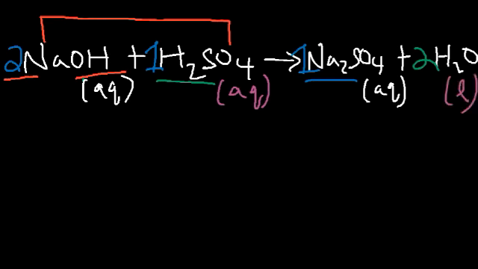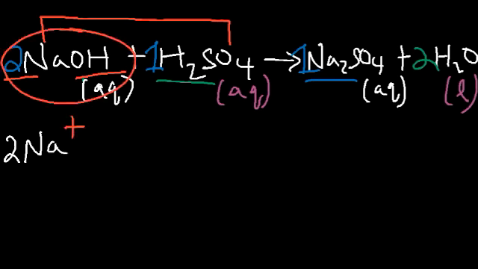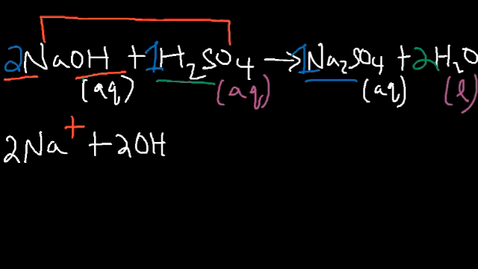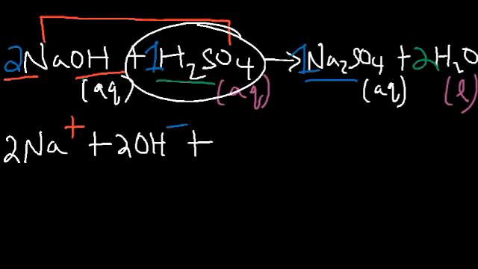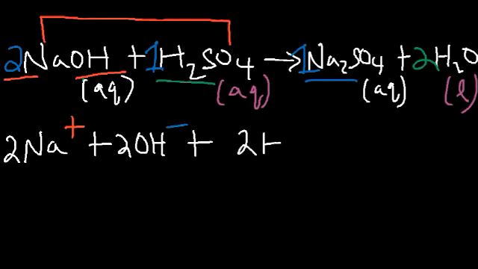To write the total ionic equation, everything that's in the aqueous phase, we need to separate it into ions. So we're going to have 2 Na+ ions from NaOH and 2 hydroxide ions. Now in the next compound, sulfuric acid, we have 2 H+ ions and 1 sulfate ion.